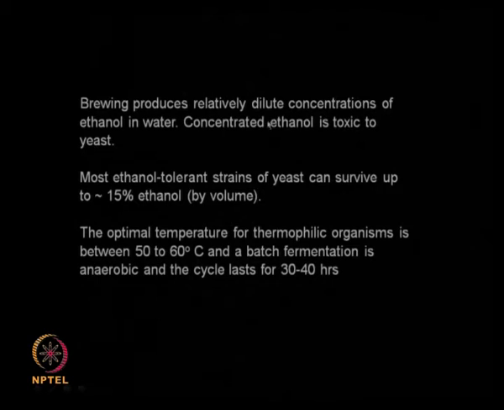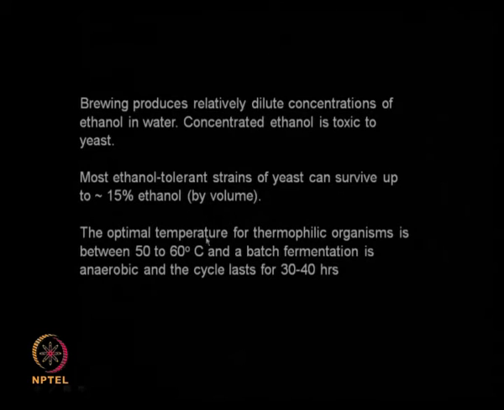So the broth after fermentation is extremely dilute. If it is 10%, 90% contains water and other biomass, dead cell debris and salts. So you need to recover only 10% ethanol from this large amount. That is the main reason: it produces a very dilute concentration of ethanol.